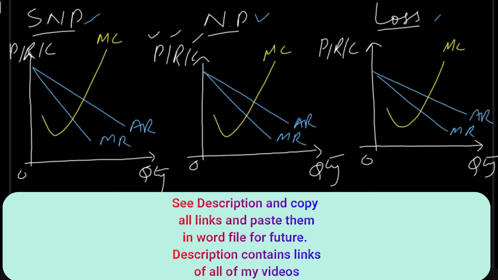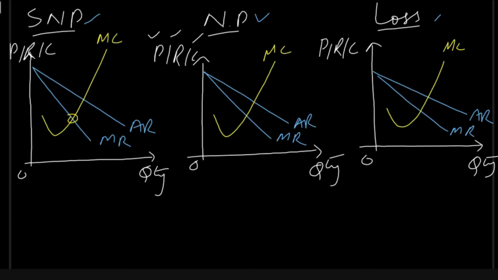The equilibrium condition is that MC intersects MR from below. So MC intersects MR at this point, where quantity is Q and price will be P. We extend this perpendicular towards the average revenue curve till point E, and now the price is P.